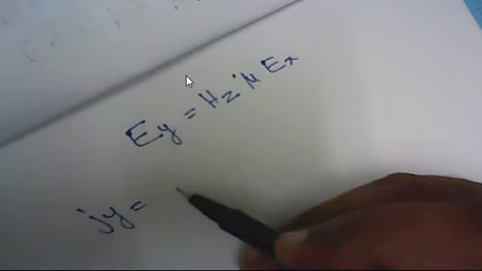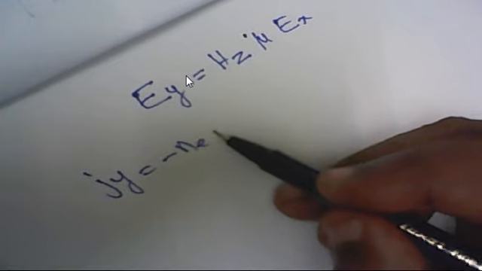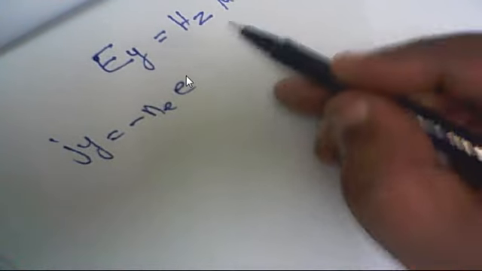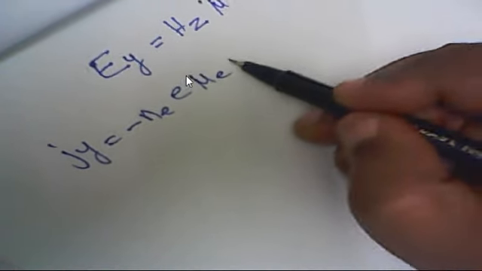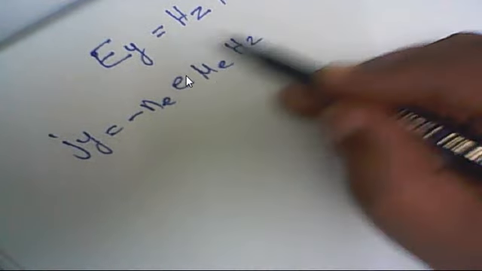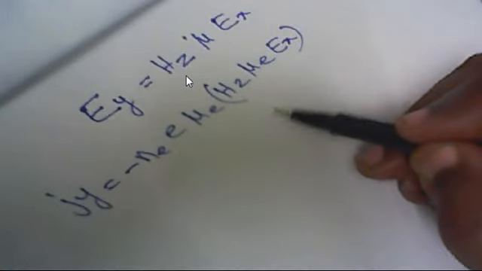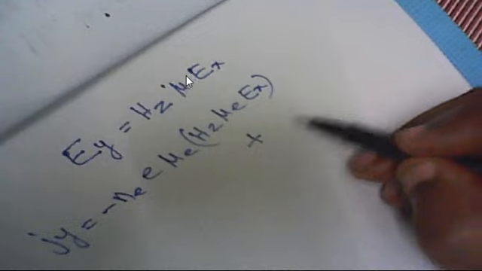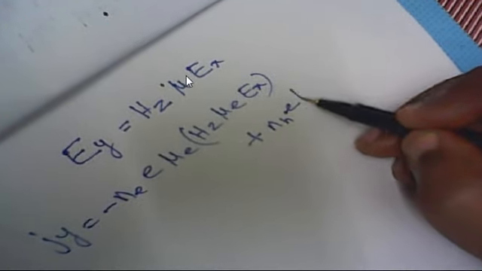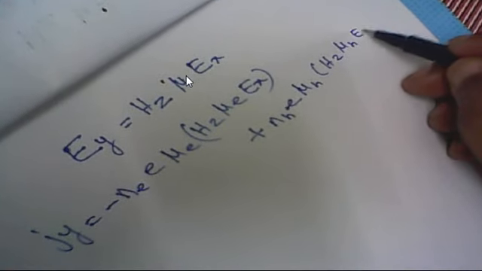Jy is equal to minus n suffix e, charge of electrons, and we have mu e, and instead of Ey, we can write it as Hz mu e into Ex, plus NH e mu H, Hz mu H into Ex.